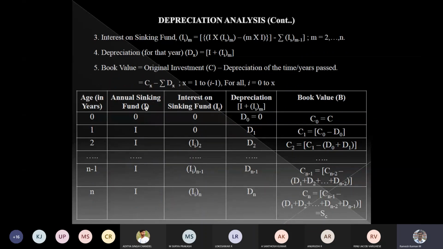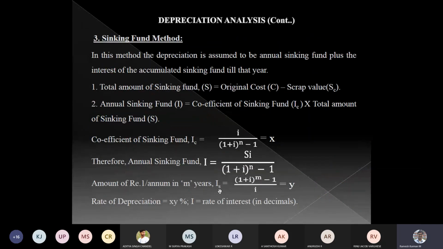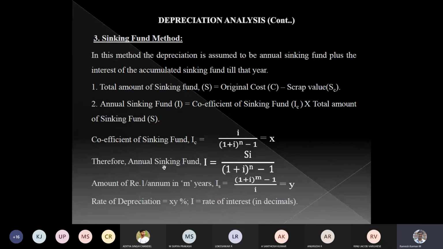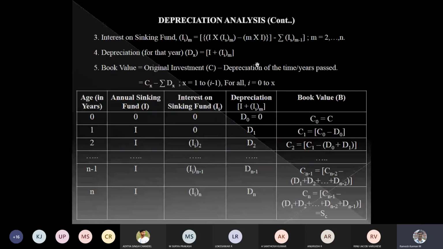It is the annual sinking fund multiplied by the accumulated amount ISm at the mth year, minus that at the previous year, multiplied by i, the interest. This is a little difficult to understand. Once you find this, depreciation is nothing but I plus II.